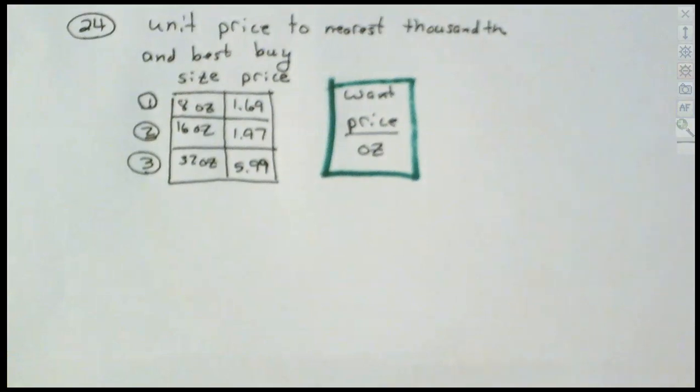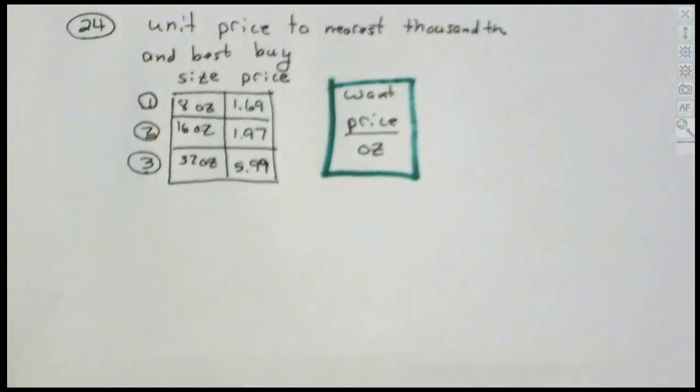We're going to figure out which one of these salad dressings is going to be the better buy. There are 3 different sizes of salad dressings, and they're all different prices. Sometimes the smaller container is cheaper per ounce because it's on sale. Normally the larger one is the better buy, but not always, because maybe you go to Dillon's and the smaller size is on sale but the larger one isn't.